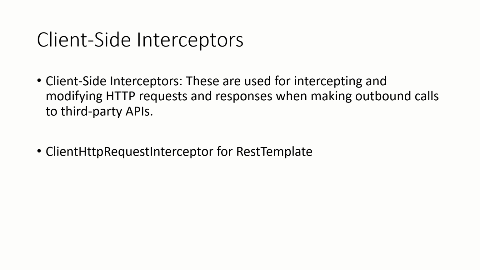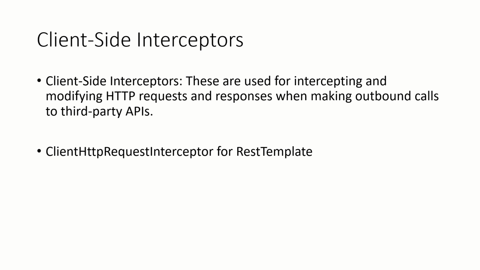This third party API will come from the server side application, and we will develop a client side application which will consume it. We are going to use the ClientHttpRequestInterceptor interface to implement the interceptor at the client side.